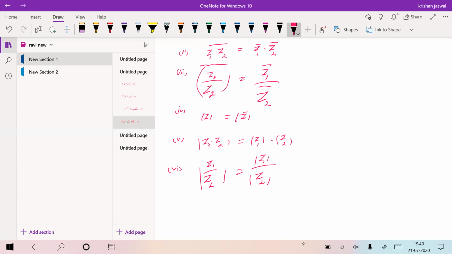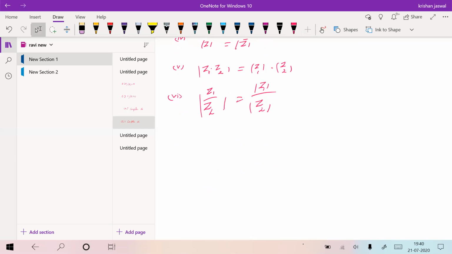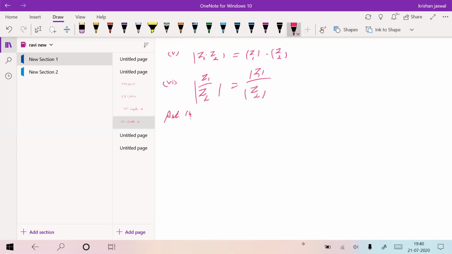Now Article number 14. If Z1 and Z2 are any two complex numbers, prove that modulus of Z1 plus Z2 whole square plus modulus of Z1 minus Z2 whole square is always equal to double of modulus Z1 square plus modulus Z2 square.